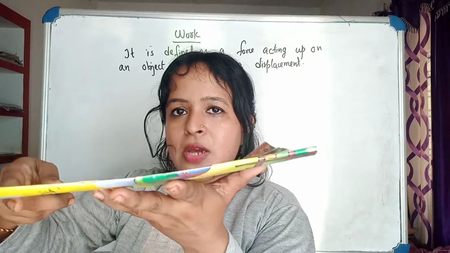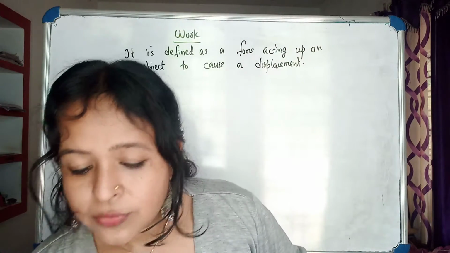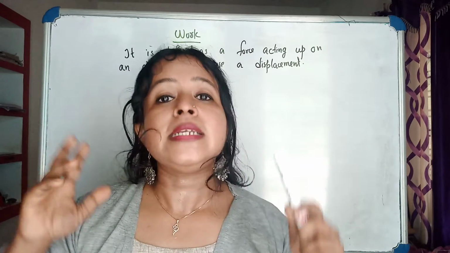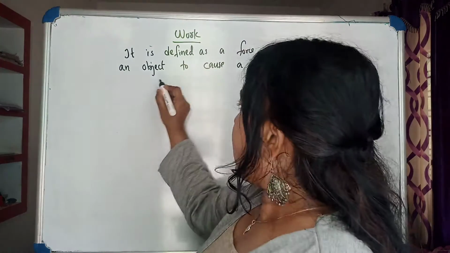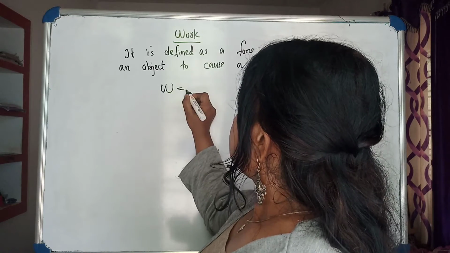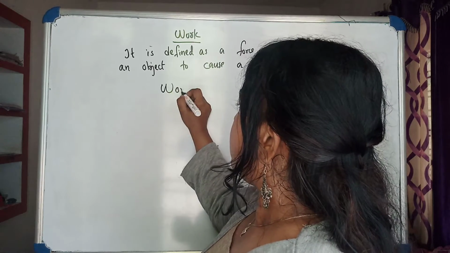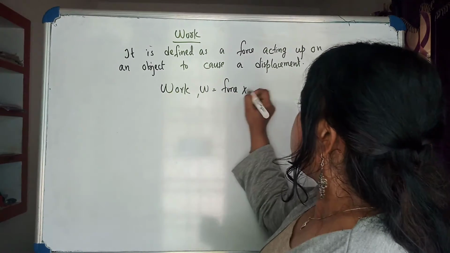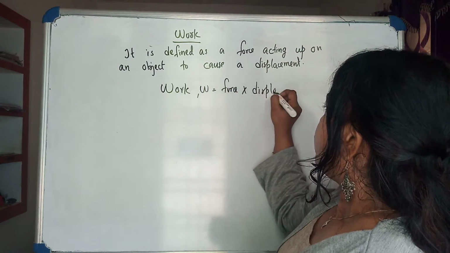Let us calculate. Work is related to the quantities force as well as displacement. Then I have to write the equation as work W is equal to force into displacement.